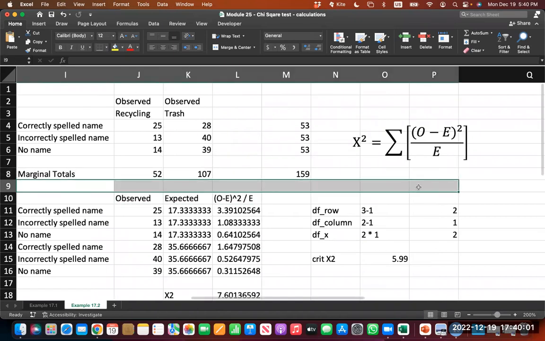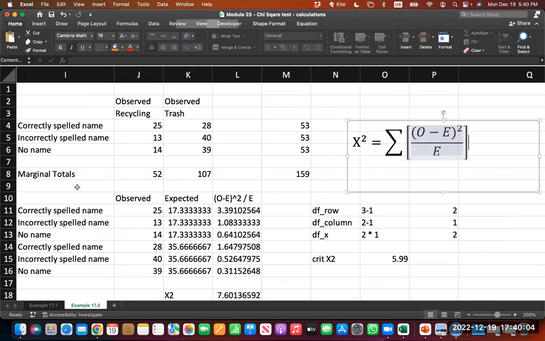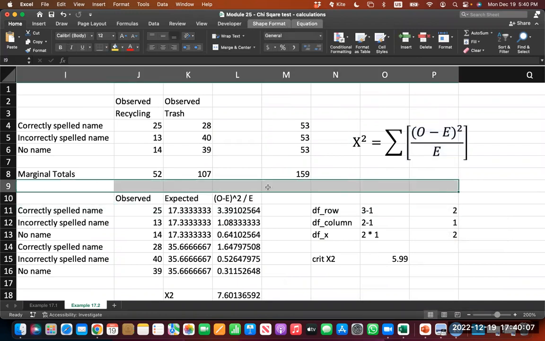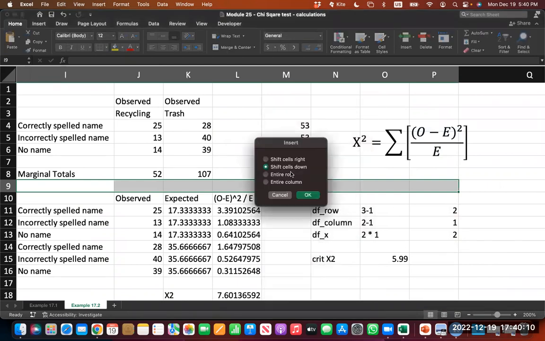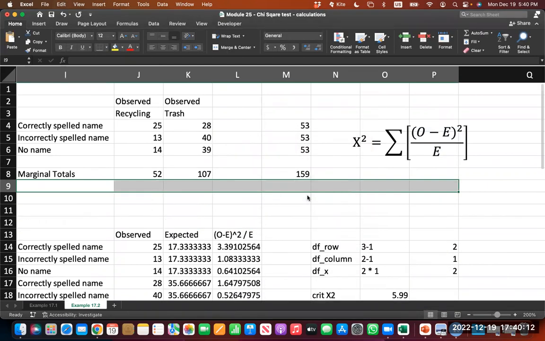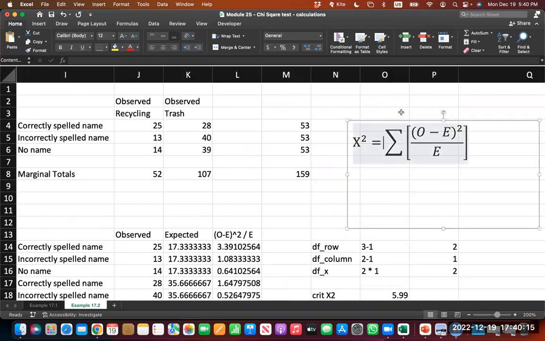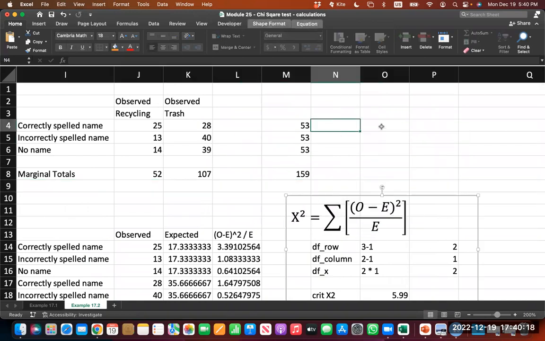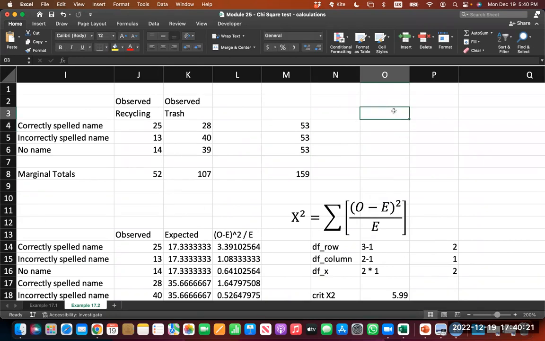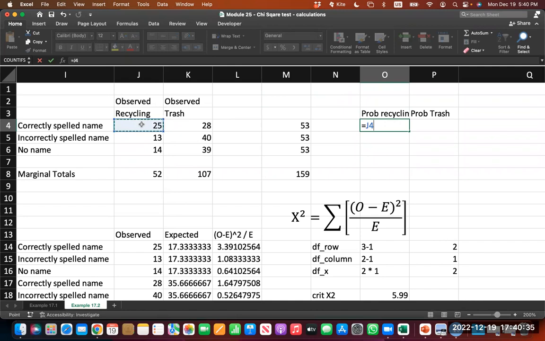You have the possibility to calculate the probabilities. If you want to know the probability of something going into recycling or into trash, you can do this easily by taking the individual entry that went into recycling divided by the overall number of cups in that group.